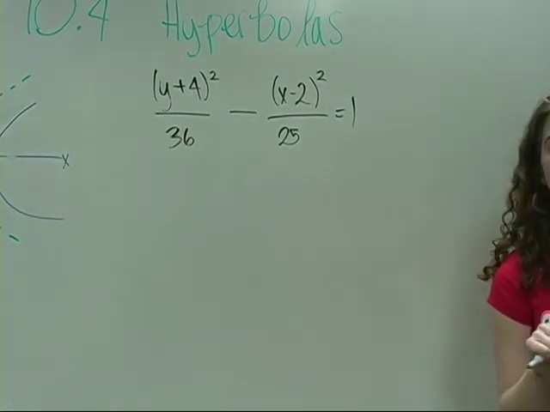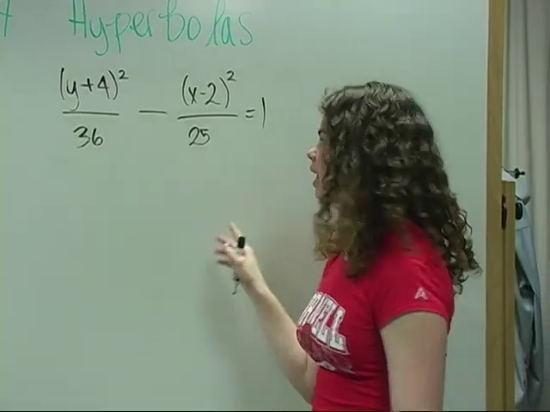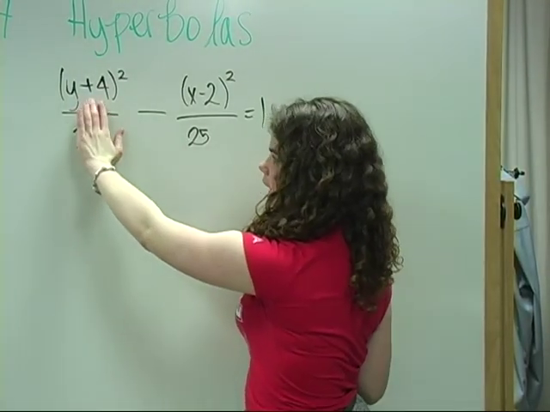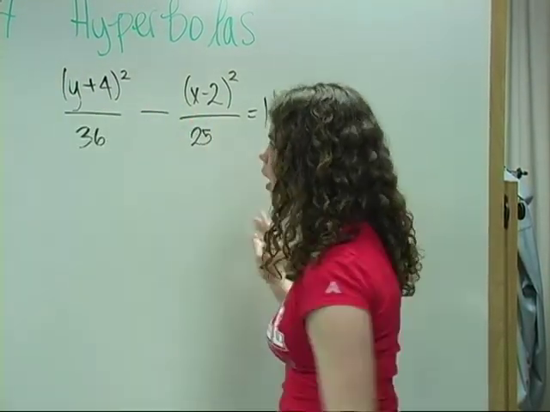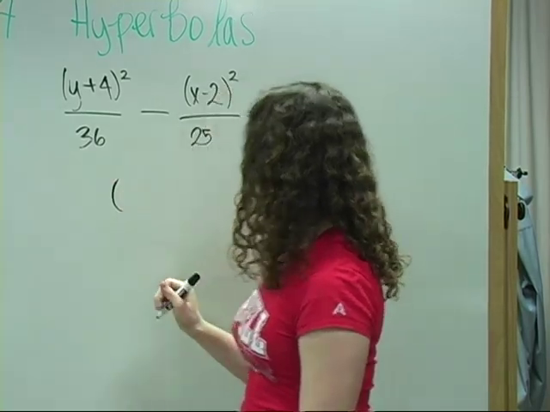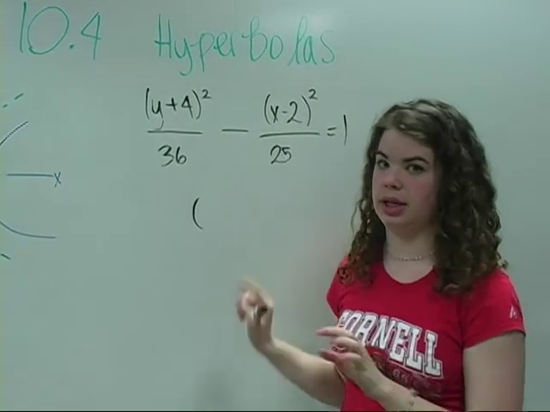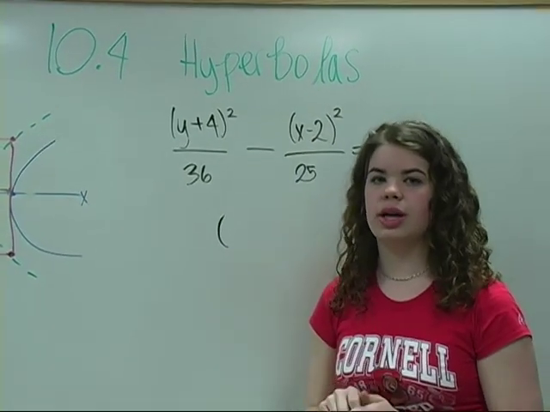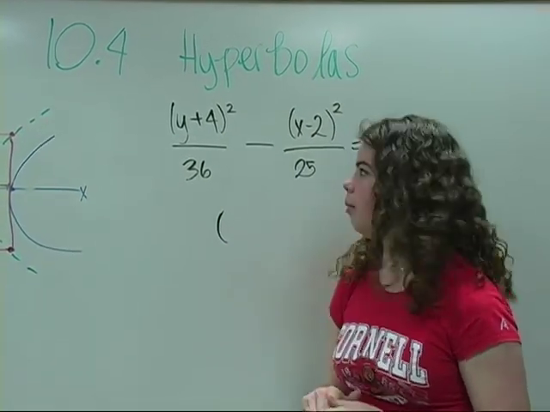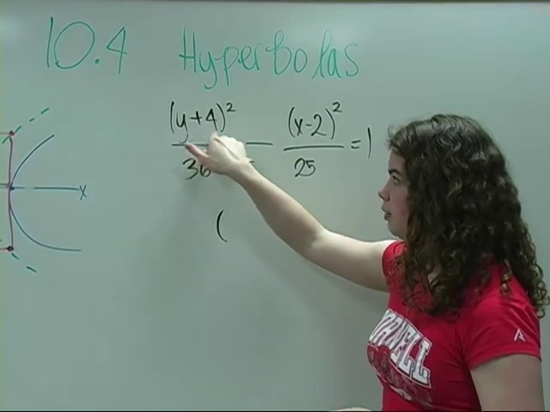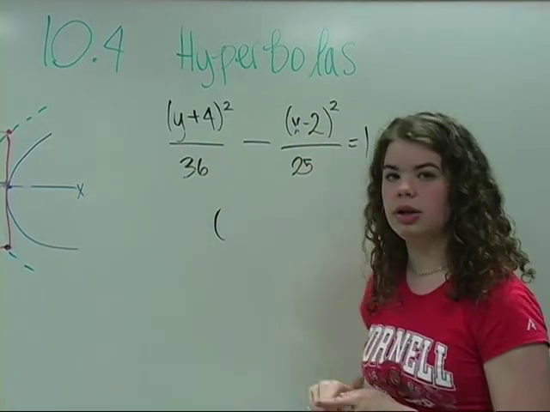And we can find our origin by looking at the values inside the parentheses. Our x-coordinate is going to be the positive, or the opposite of whatever sign you have in here. So the original equation form is y minus the value or x minus the value.